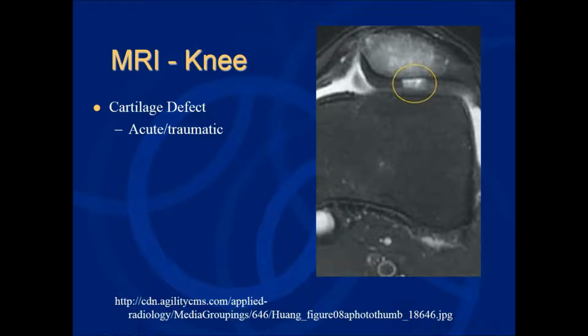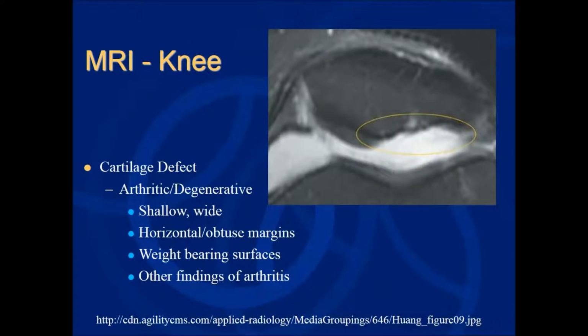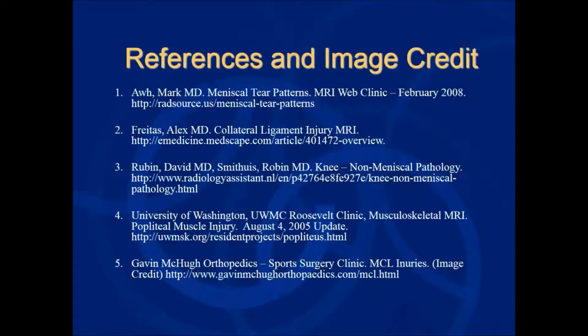This is an acute cartilage defect, in contradistinction to the wide and shallow margins seen on a cartilage defect that is secondary to arthritis or degenerative change. This is also seen on weight-bearing surfaces, and you're also usually going to see other findings of arthritis such as joint space narrowing, marginal osteophyte formation, etc.